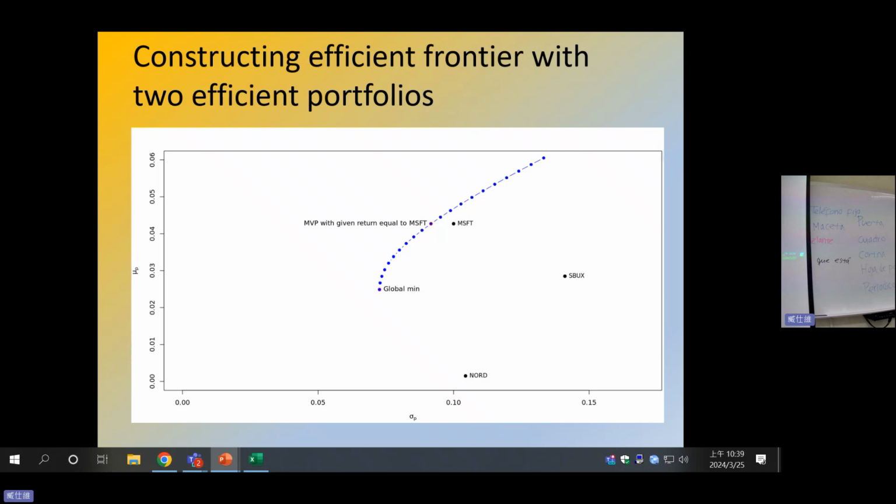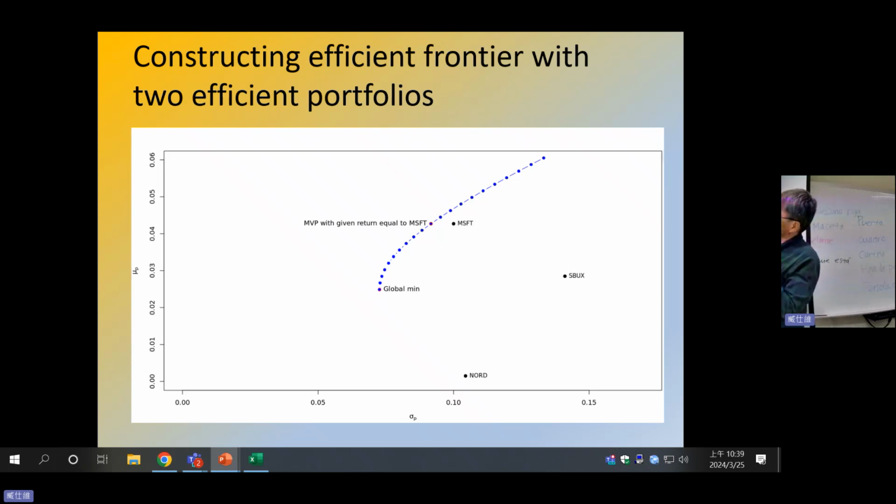So this is X. So based on the GMVP and X, we can generate so many points along the efficient frontier. Okay, so this is a very simple case to construct the efficient frontier.